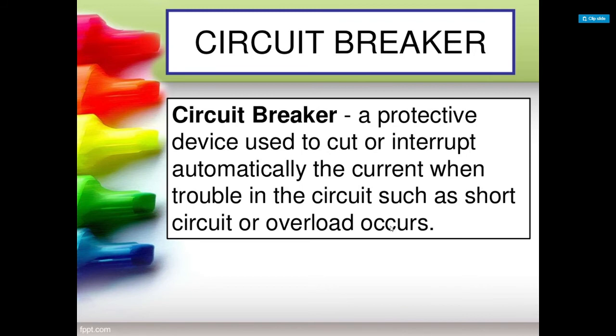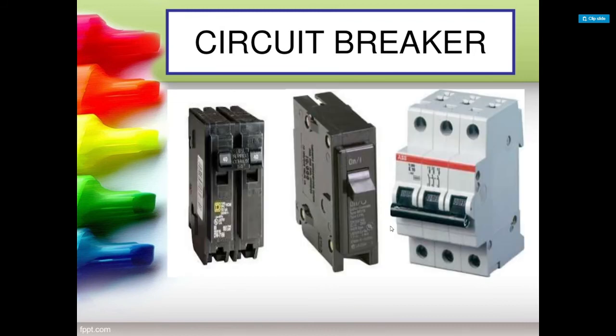So after fixing the short circuit or the overload, you can turn on the circuit breaker again. You don't need to buy a new one. You just need to reset it or turn it on again. While if a fuse blows, you have to buy a new one and replace the damaged fuse. Okay, that's the advantage of a circuit breaker. But both of them are used as a protective device.